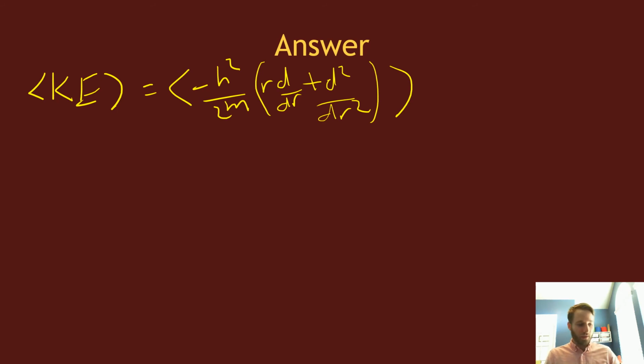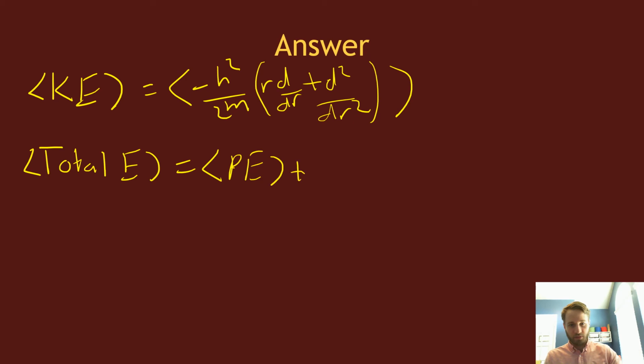But we know for any system that our total energy is just equal to potential energy plus kinetic energy. Just simple Newtonian mechanics. Total energy is just potential plus kinetic. Well, we just solved for the potential energy, and we know the total energy for the hydrogen atom in the 1s orbital, because n equals 1, Z equals 1 for the hydrogen atom.